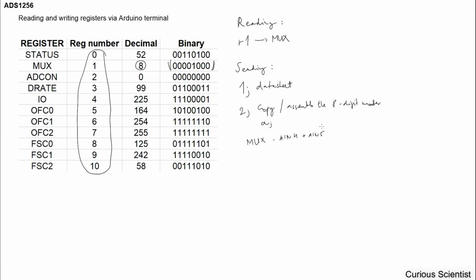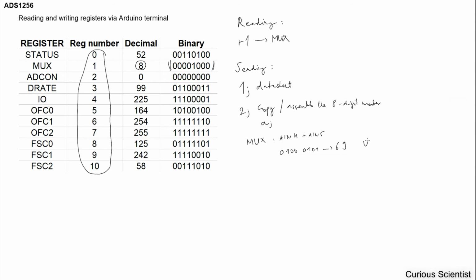You have to look up the datasheet, and you will see that this corresponds to the following sequence of numbers. Then you have to convert this to decimal, which is 69. So you have to send this number.